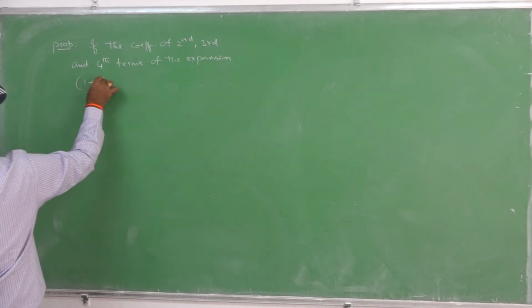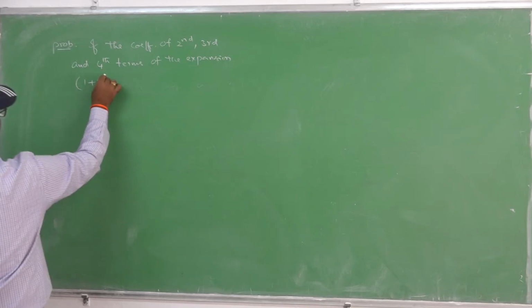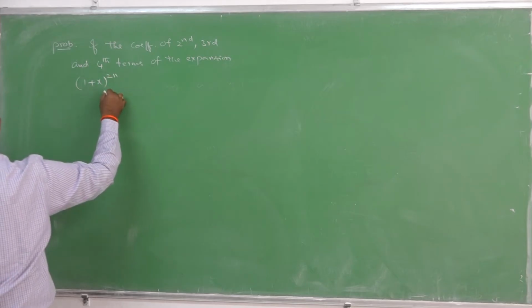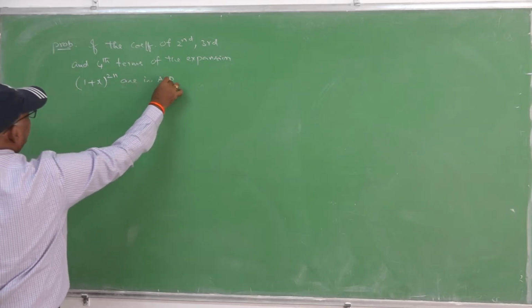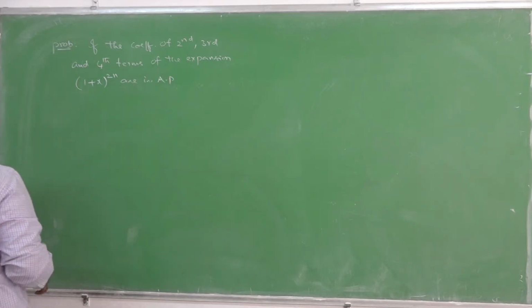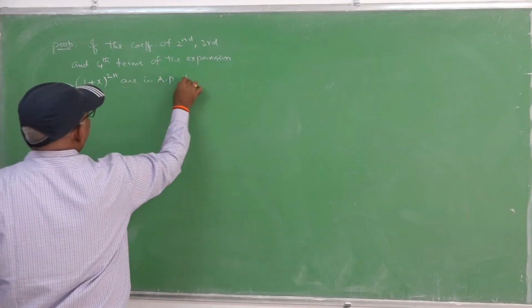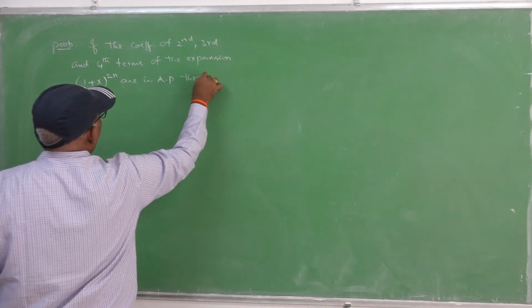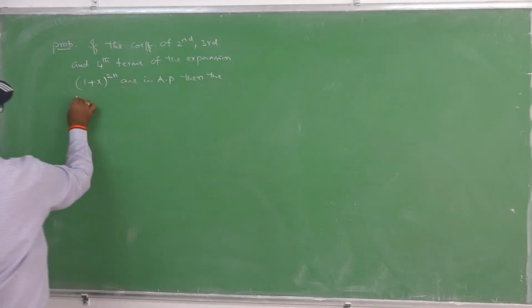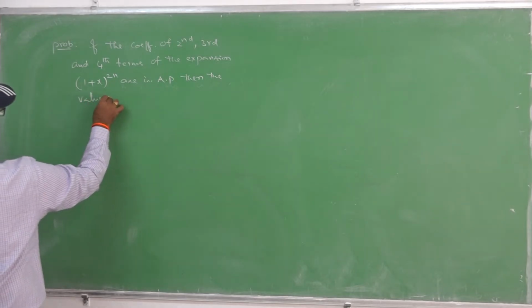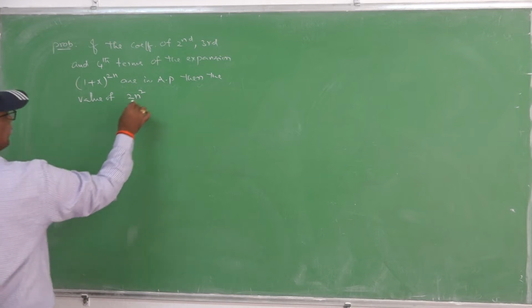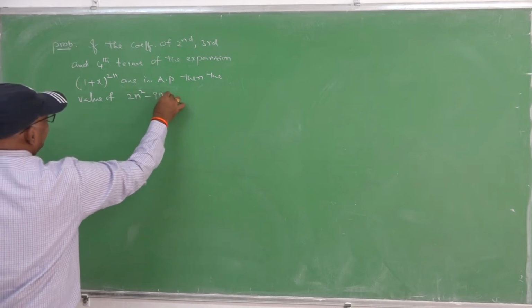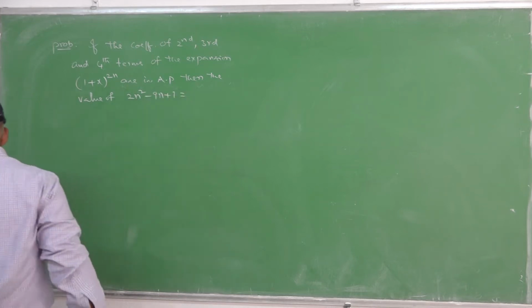(1 + x)^2n are in AP, then the value of 2n² − 9n + 7 is.